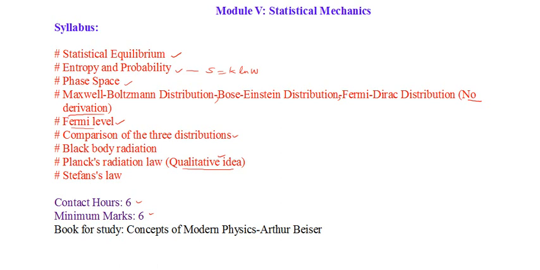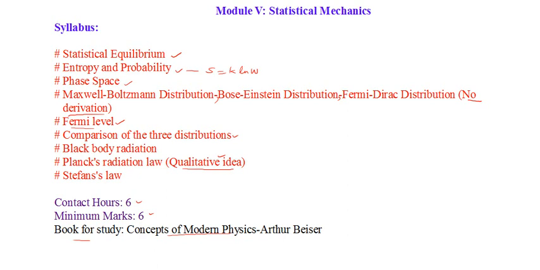So far we have been depending on the book by Zemansky and Dittman, Thermodynamics, for all the other 4 modules. But even though statistical mechanics is discussed in Zemansky, the treatment is more mathematically demanding, and for this particular module only we will be using the common book by Arthur Beiser, Concepts of Modern Physics, which you will be following for your modern physics, optics and photonics courses.